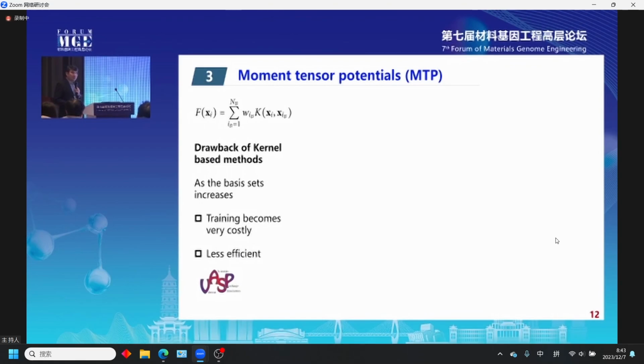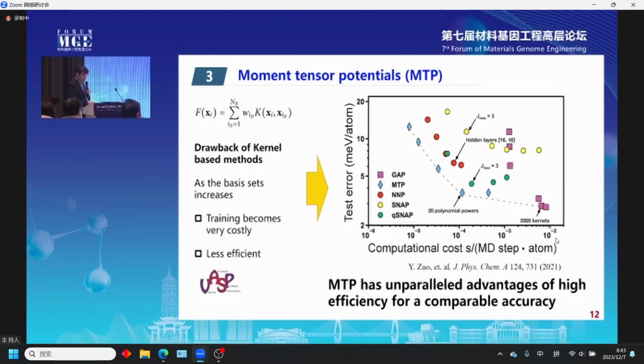But for a system such as a binary, a periodic lattice structure, WASP is very effective. So how do we solve this problem? We try to use the moment tensor potential. This kind of potential has the unparalleled advantage of high efficiency.